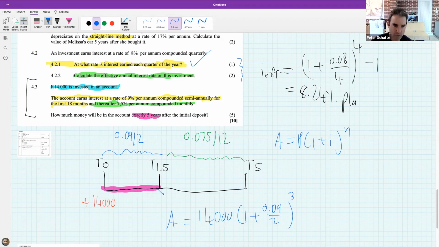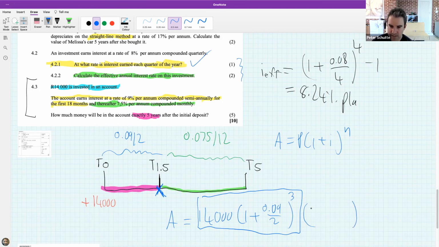Now, you have got to this point on your timeline. You still need to grow all the way to the end of the timeline. And guys, we're going to run out of time today, but basically what you do is you treat this thing over here as the input to the next part of the calculation.